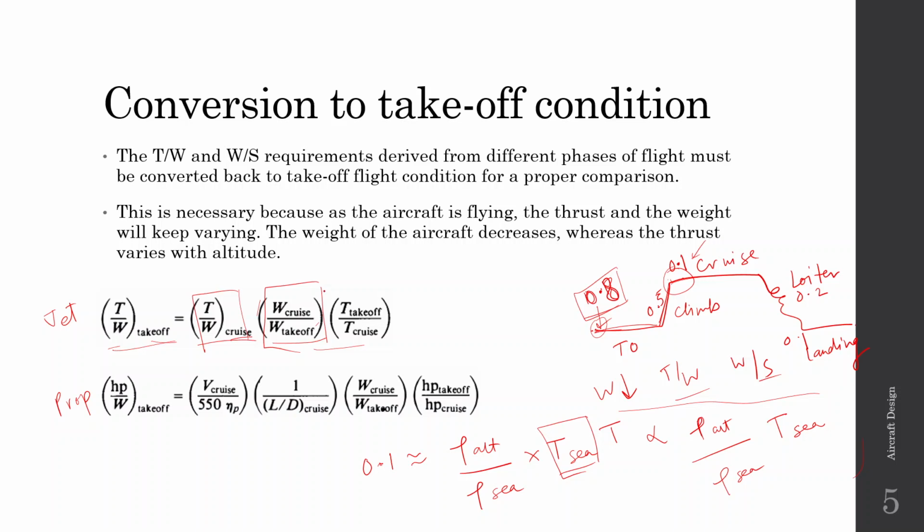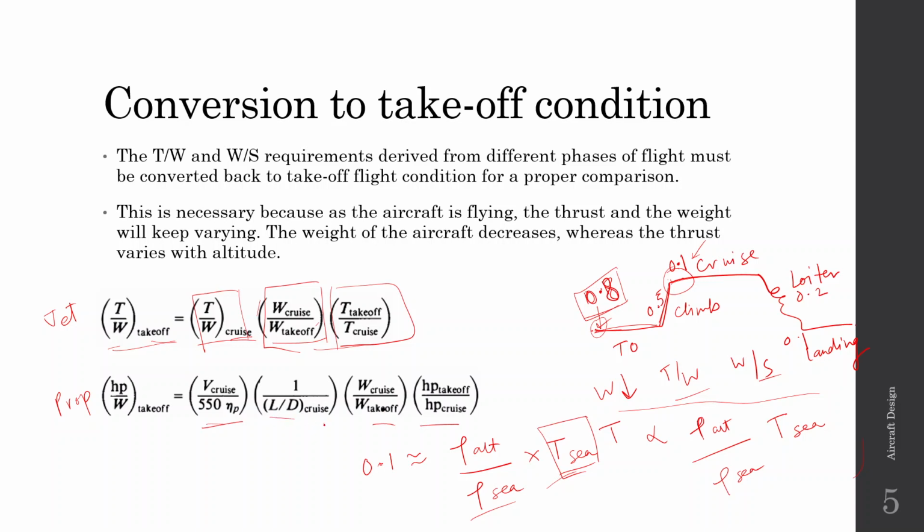Using that we can find this, and the thrust at takeoff by thrust at cruise we can find from the engine manufacturer's chart, or we can use this approximate relation and find that out. Similarly for propeller aircraft, the relationship is actually the same.